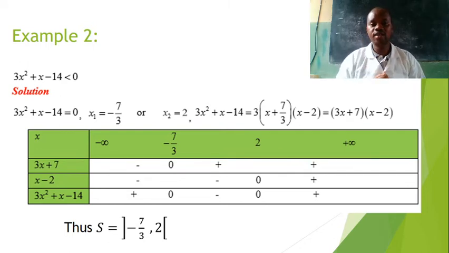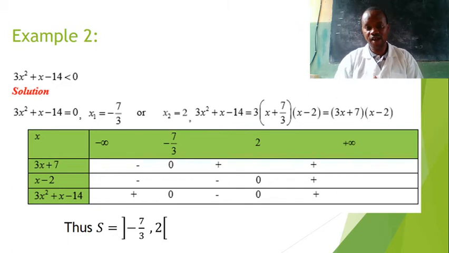And finally, we can write this 3x squared plus x minus 14 in a factorized form. Finally, you can see how to write a given polynomial in a factorized form. In this case, we will have x plus 7 over 3 times x minus 2, which is equal to 3x plus 7 times x minus 2.